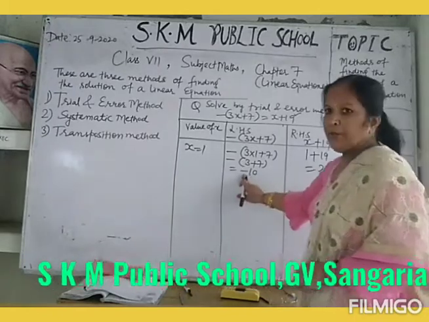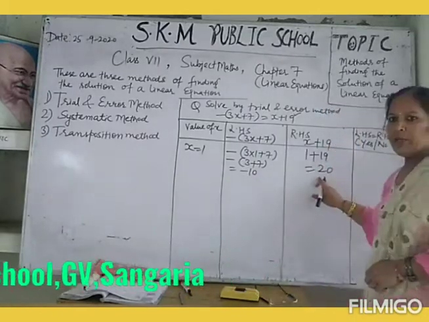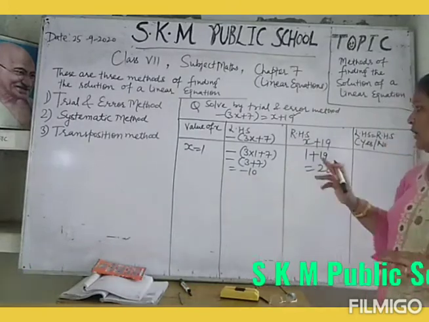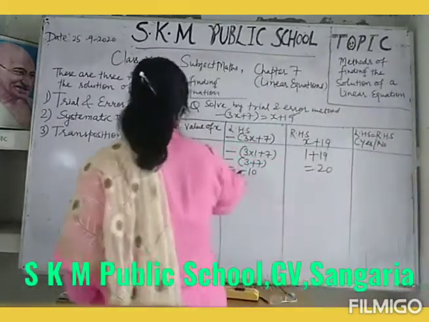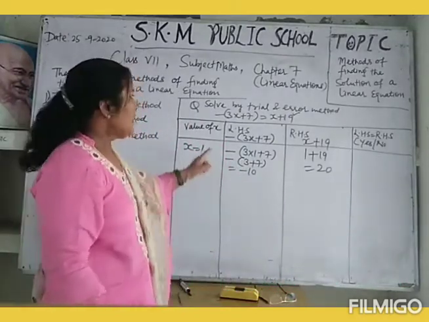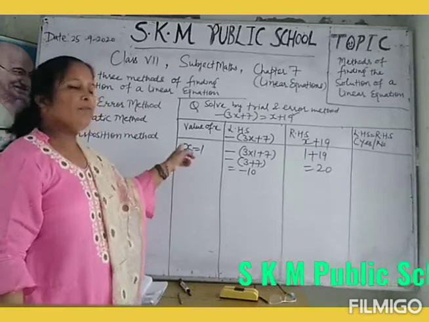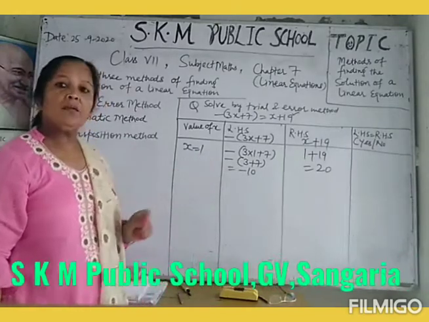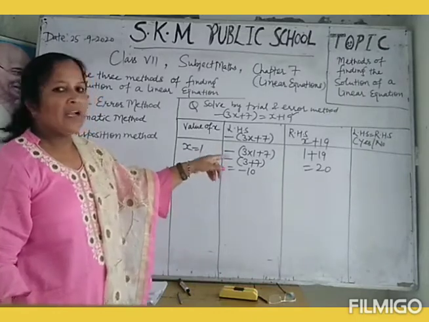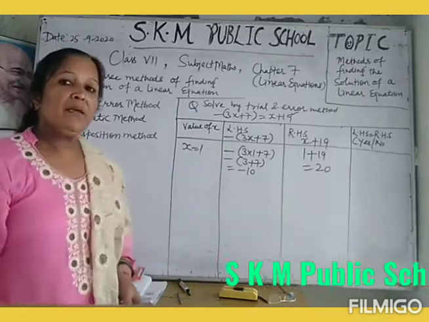Here I am getting a negative value, minus 10, and here a positive 20. So putting x equal to 1 in left hand side I get minus 10, and in right hand side I get plus 20.